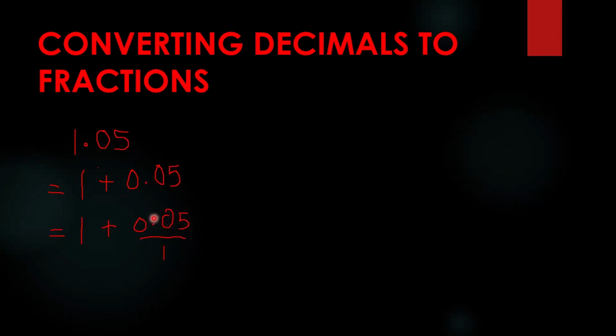We have 2 digits after the decimal point. So we multiply by 1 and 2 zeros. That's by 100. We multiply the numerator by 100, and we also multiply the denominator by 100. So 0.05 times 100 is 5, and 1 times 100 is 100. So it gives me 5 over 100. 1 plus 5 over 100 is 1 over 20.